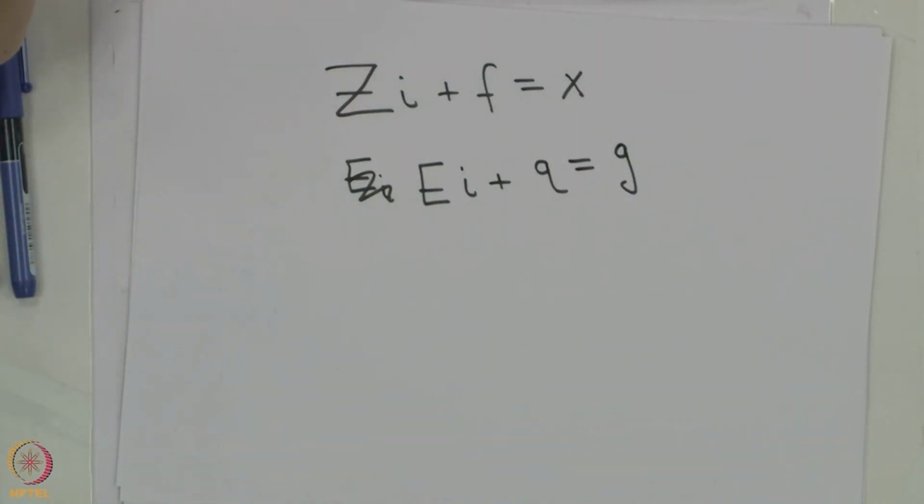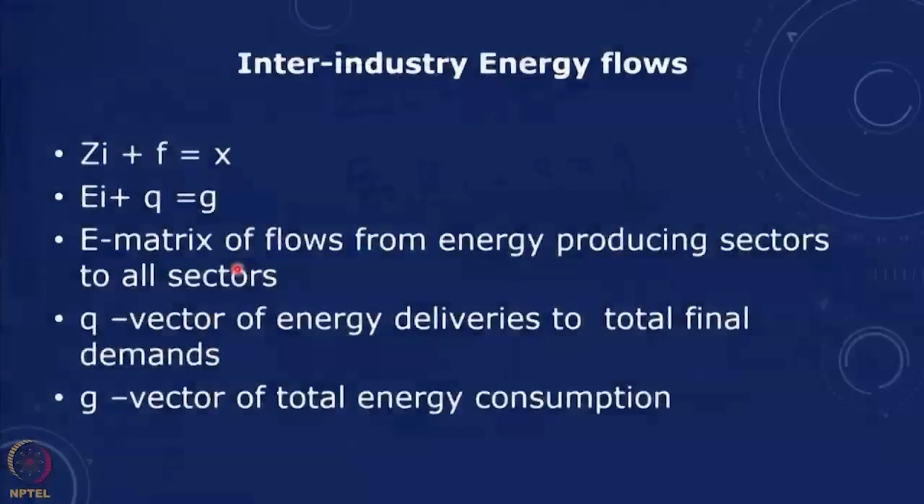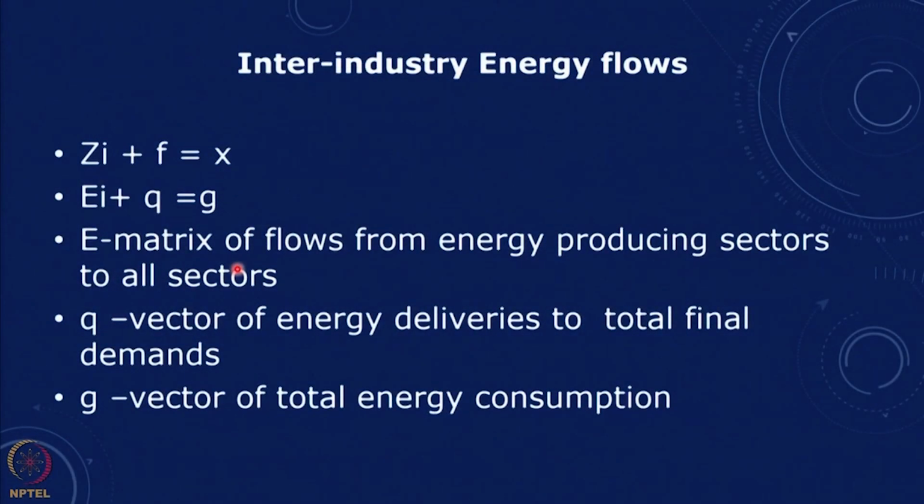So, Q is the vector of energy deliveries to the total final demand, and G is the vector of the total energy consumption. So, we could operate it this way, or we could operate it in the normal input output with the money terms and then make the calculation.